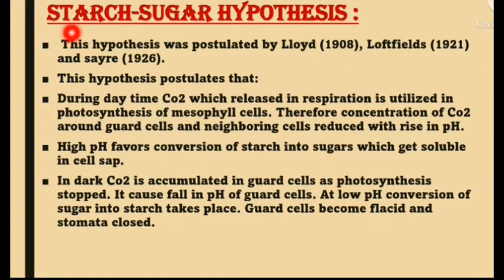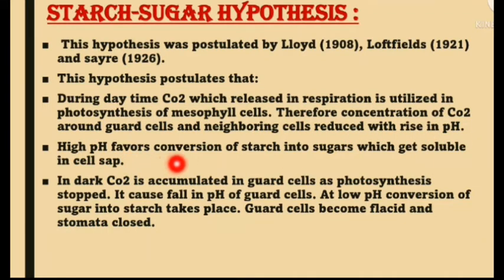Next theory is the starch-sugar hypothesis. This hypothesis was postulated by Lloyd in 1908, Loftfield in 1921 and Sayre in 1926. This hypothesis postulates that during daytime, CO2 which is released in respiration is utilized in photosynthesis of mesophyll cells. Therefore, the concentration of CO2 around guard cells and neighboring cells is reduced with a rise in pH.